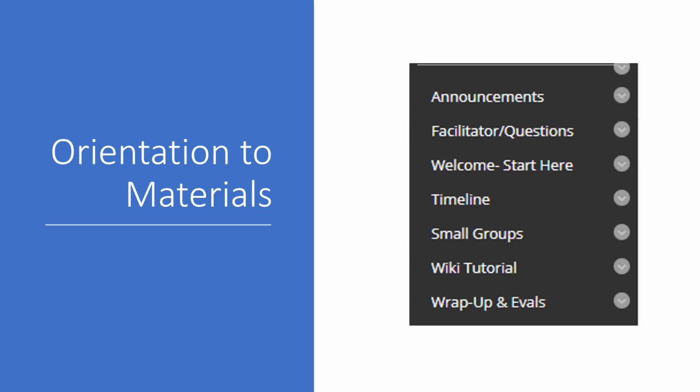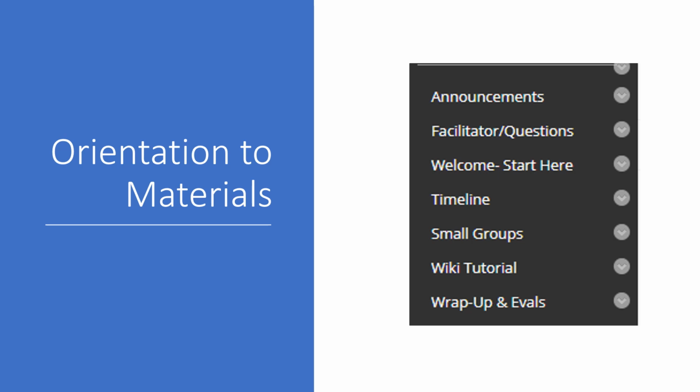So on Blackboard, if you're listening to this tutorial, you've obviously found the Welcome Start Here tab, and that's where the bulk of your items are going to be. You also have a timeline that it's important to adhere to. Your small groups, there's links throughout to get you to your small group. You've each been assigned to a small group.